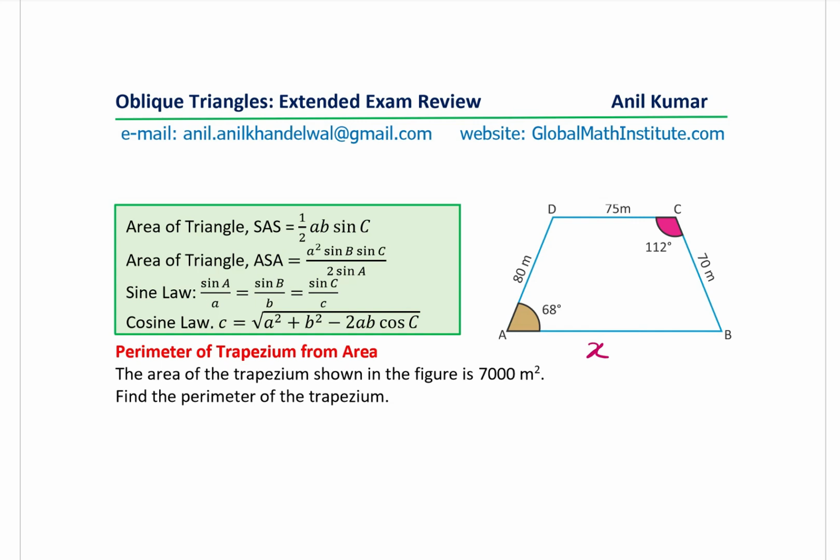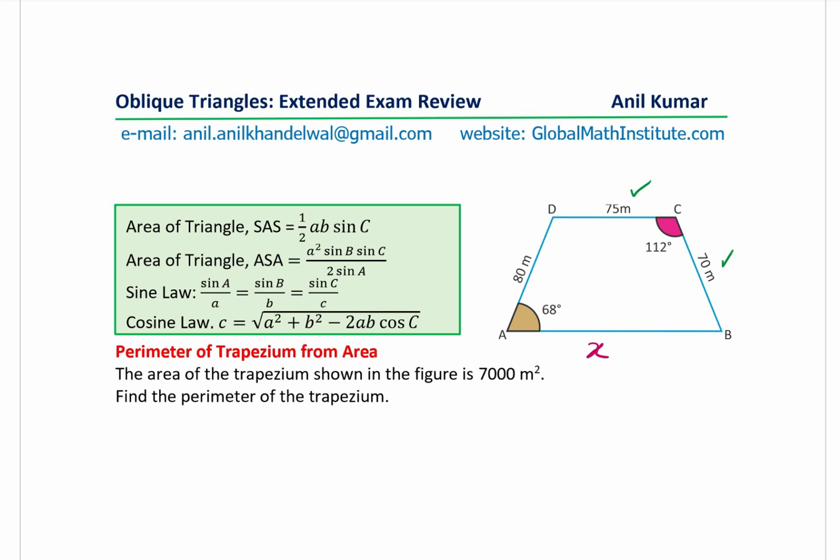Now, you have been working with triangles, and in trigonometry, we should always divide a figure into triangles to solve. What you observe is that we are given two sides and an angle. Of the top portion, we have these two sides and the included angle.